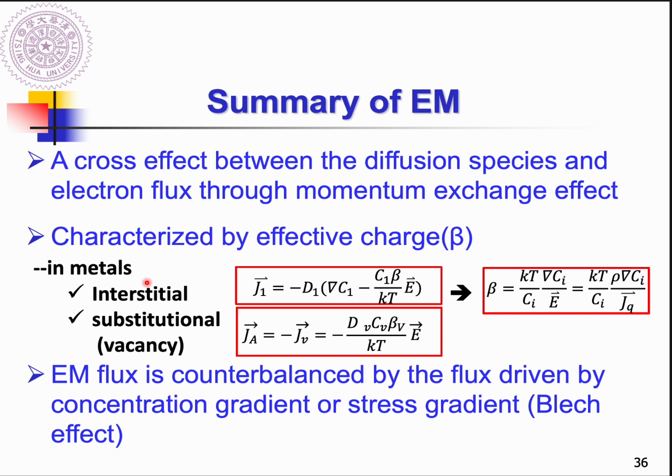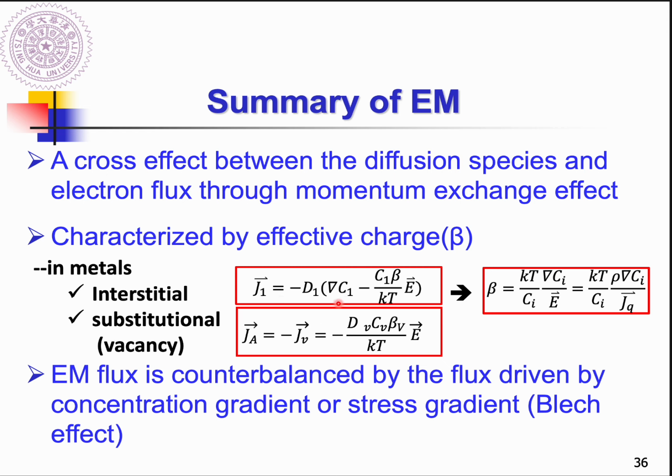And in the metals, there are two different types you can consider. The one is the doped metals, doped with some interstitials. So in this case, when you apply an electrical field on this kind of material system, the atomic flux of these interstitials can be expressed in two parts.